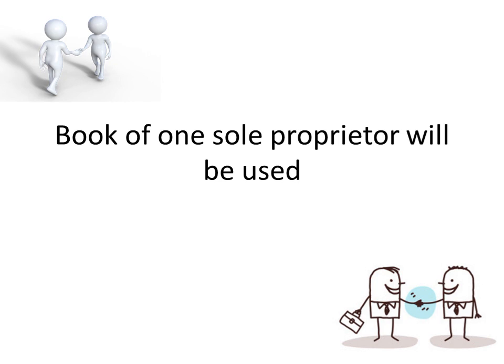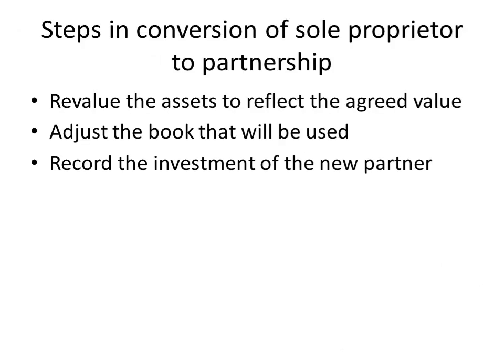Okay, now let's see. What if the book of one of the sole proprietors will be used? So meaning old books will be used instead of new books. Let's see the steps for the conversion of the sole proprietor to the partnership using an old book, or one of the partner's books. Number one, we revalue the asset to reflect the agreed value. We already do that.